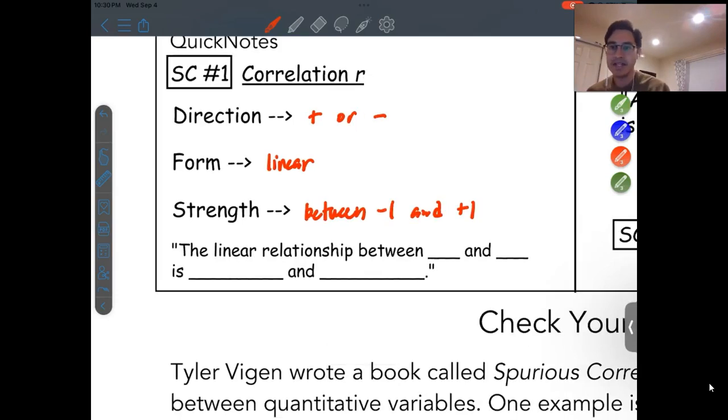All right, here's that template for writing your interpretation. The linear relationship between X and Y, right, explanatory and response, is, right, then you're going to fill in a word for strength, weak, moderate, strong, very strong, and then you'll fill in a word here for the direction, either positive or negative.